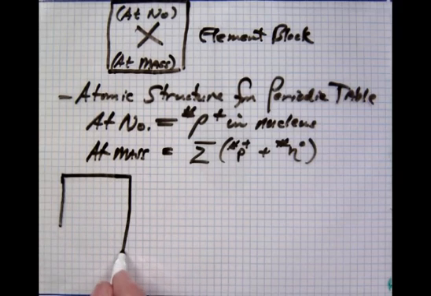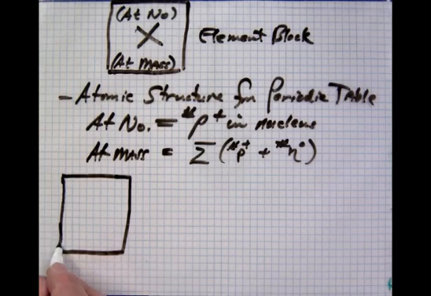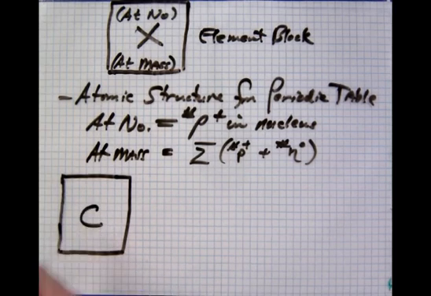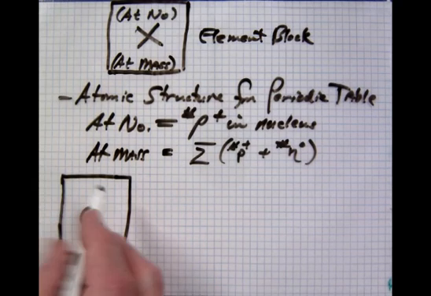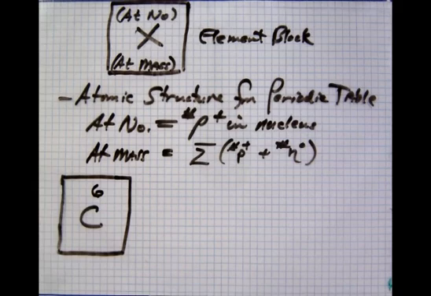Now, let's take, for example, carbon or nitrogen. Make it big enough for me to write in. Okay, so the symbol for carbon is C, and it's listed as number 6 on the periodic table, and it's 12.011.